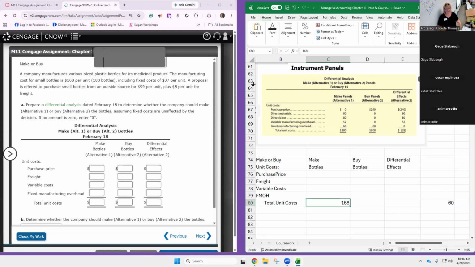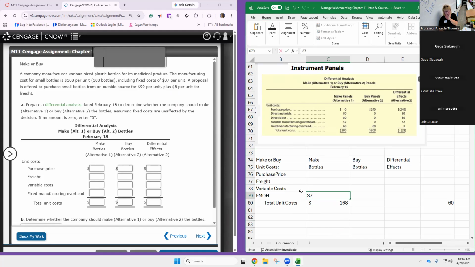And we're doing it by the case. All right, so let's go ahead and put this in. And then they said something about the fixed part of making the bottles. So $37 a unit. And by the way, we're trying to get to a unit cost that it costs us to make these bottles. So I'm going to put 37.